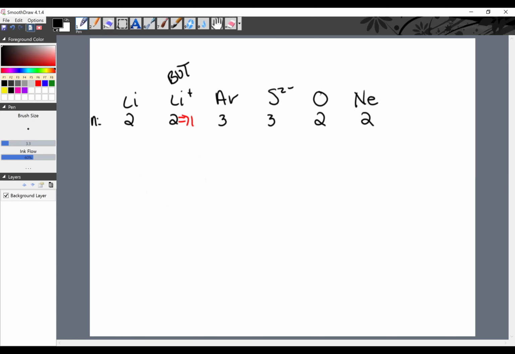All right, so now we're going to do protons. Argon has 18 pulling in. Sulfur has 16. And we'll just keep going since I'm looking at it. Oxygen has 8. Neon has 10. Lithium has 11.